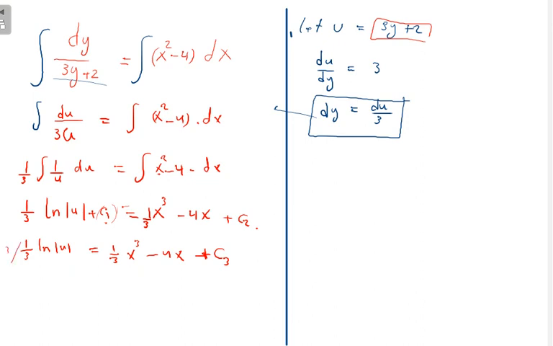I'll multiply both sides by 3, so ln absolute value of u equals x cubed minus, 4 multiplied by 3 is 12x, plus 3c3.